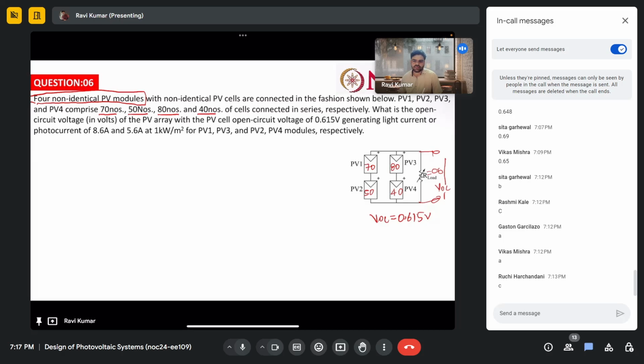The ISC given for P1, P3 is 8.6. So here ISC equals 8.6, or we can say IPH equals 5.6 ampere. Now you need to calculate the VOC, and these are the options.